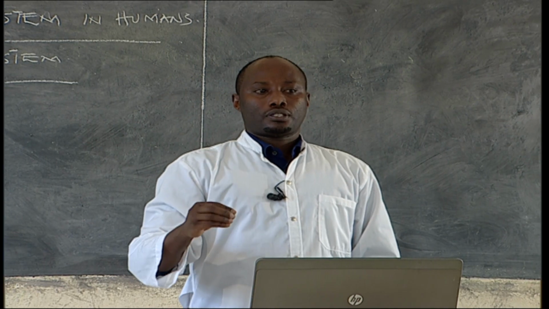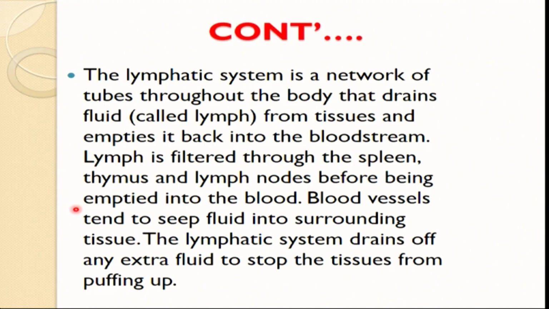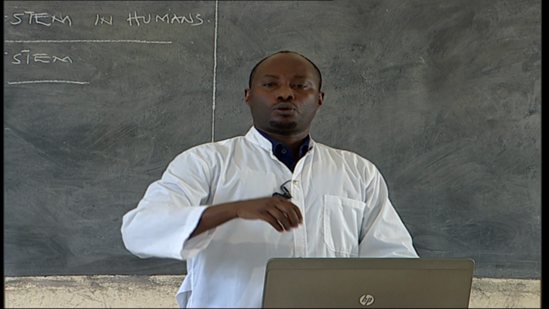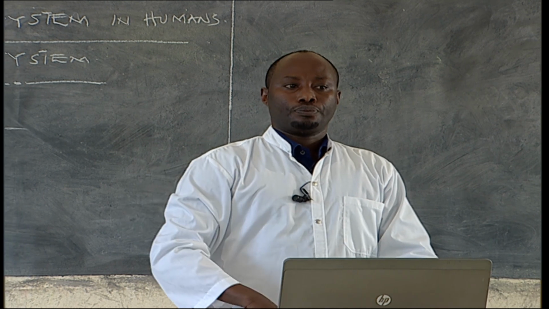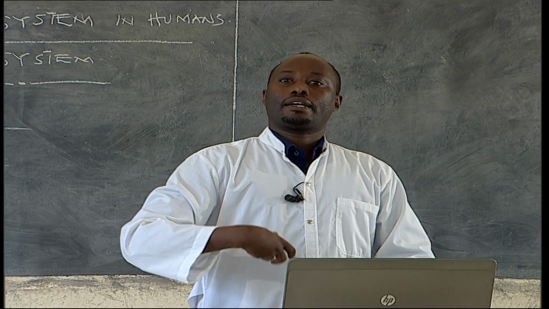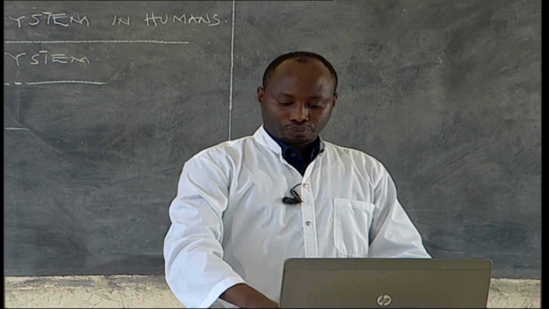Blood vessels tend to seep fluid into the surrounding tissues, because the tissues need this fluid. And the lymphatic system drains off any extra fluid and stops the tissue from puffing up. If the tissues puff up, it has to be stopped so that they can perform their normal functioning.